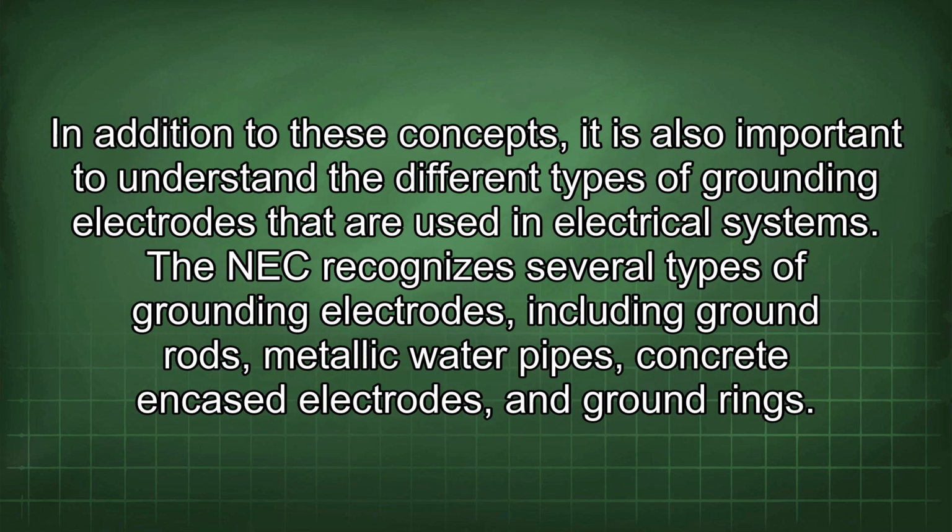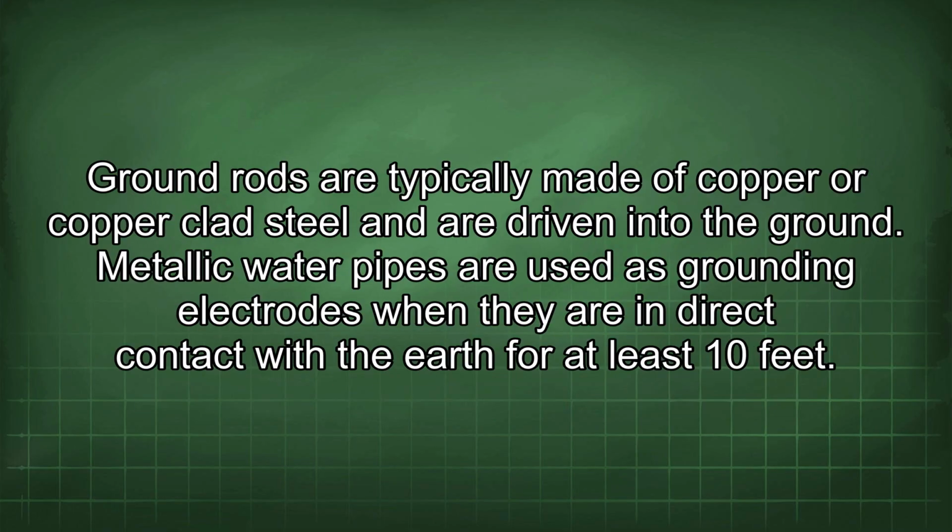In addition to these concepts, it is also important to understand the different types of grounding electrodes that are used in electrical systems. The NEC recognizes several types of grounding electrodes, including ground rods, metallic water pipes, concrete encased electrodes, and ground rings. Ground rods are typically made of copper or copper-clad steel and are driven into the ground.